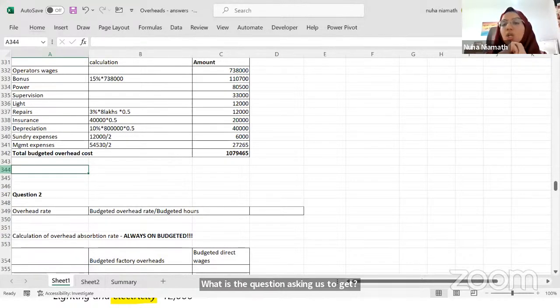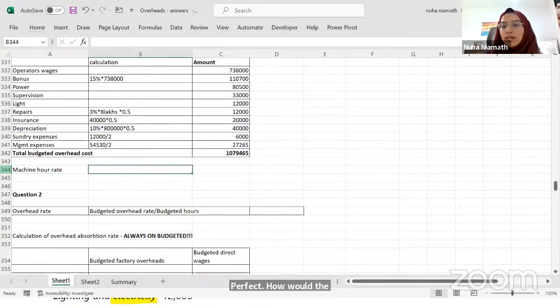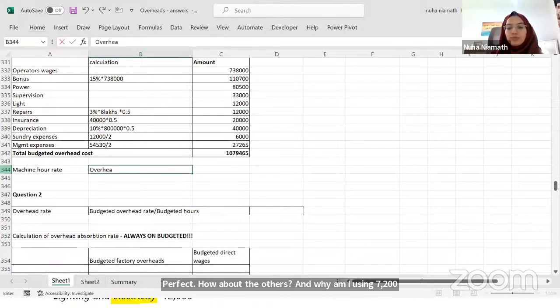Machine hours. Perfect. So do you think we already have the machine hours, Ranjita? Correct, machine hour rate. So what is the hours I will be using in this question? Perfect. How about the others? And why am I using 7,200? Perfect.